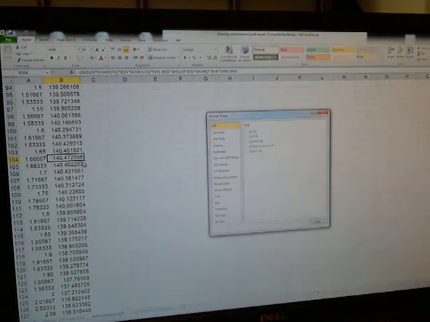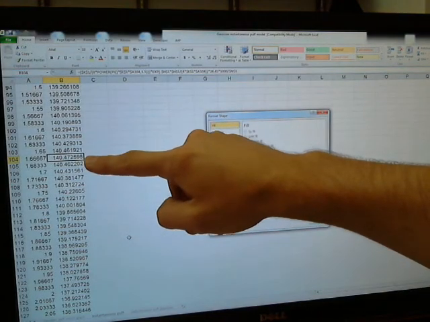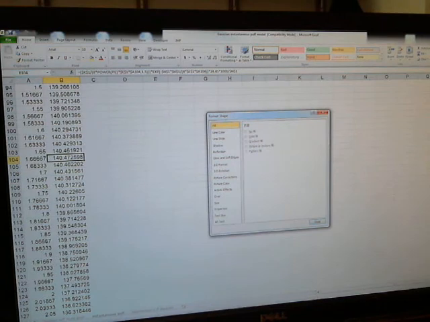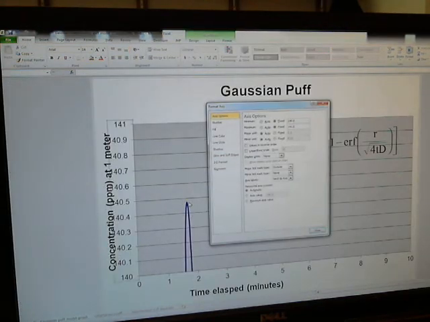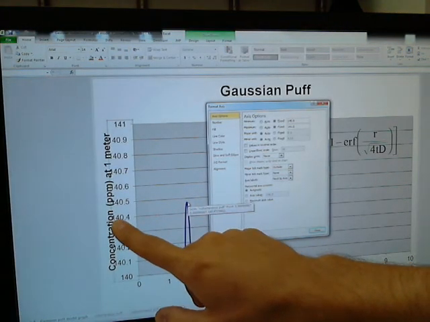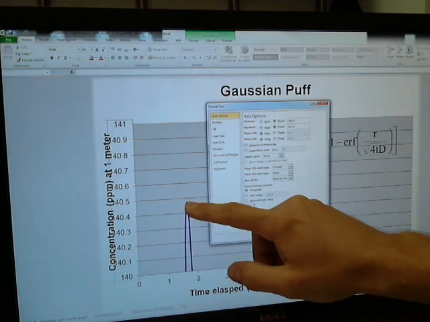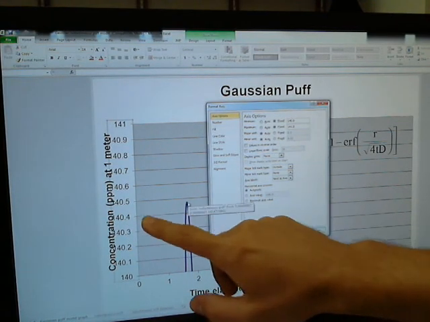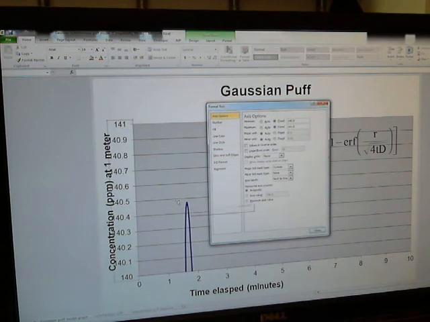So we can get an exact value off the tab data, 140.47, making sure everybody's seeing that, 140.47, and then we can also interpret it from the graph at 140.4, and then it's about 70% of the way between 0.4 and 0.5. So those are some things that you would see.